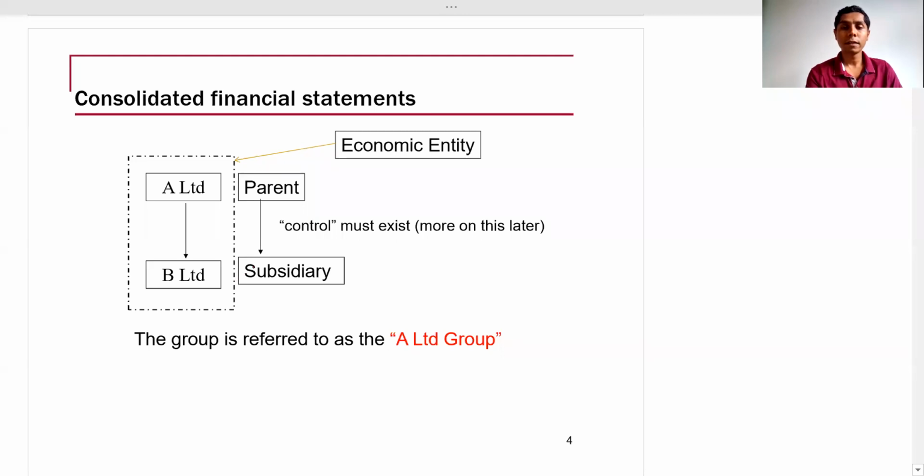So what we do here is treat the group as an economic entity. මේ group එක economic entity එකක් කියලා අපි හිතනවා. Usually we prepare financial statements for A and B separately. වෙන වෙනම හදනවා. But in consolidation we prepare another set of financial statements, assuming that the entire group is an economic entity. We all know the control criterion must exist to establish the parent-subsidiary relationship. Another important point: how do we name this group?